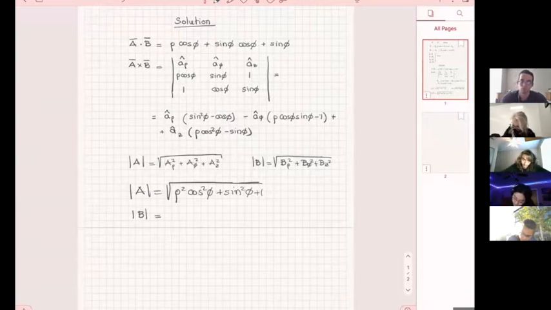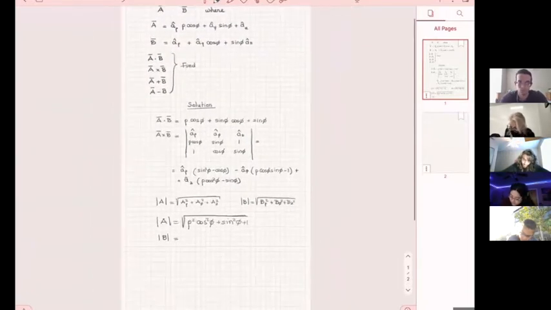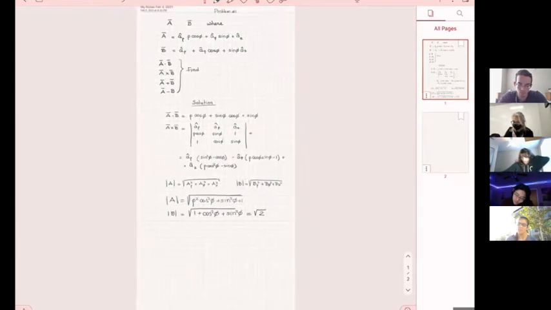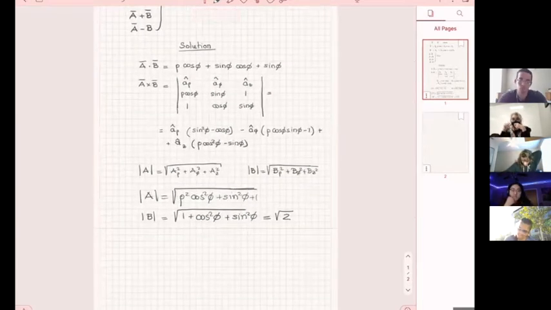Same way. It is 1 plus cosine square phi plus sine square phi. And in that case, just happened the way I gave it, this one is going to be square root of 2. So while the vector has components that depend on phi, the magnitude just happens, the way I gave it, to be square root of 2.